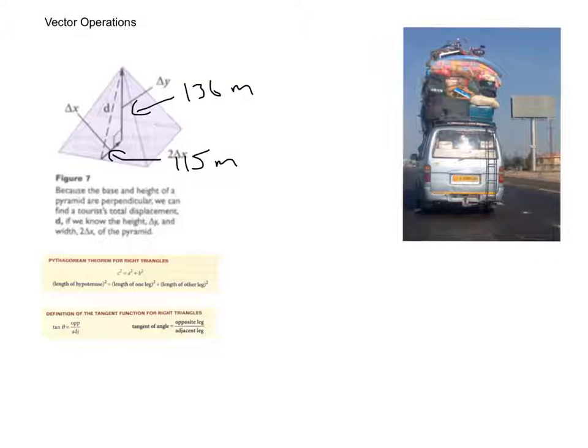Well, two little equations are going to help us, equations you've probably seen in math class. The first is the Pythagorean theorem, and this is for right triangles. And the second is the tangent function. And I'm going to add a third, and this isn't in the book, but I'm going to ask you to remember: SOHCAHTOA.